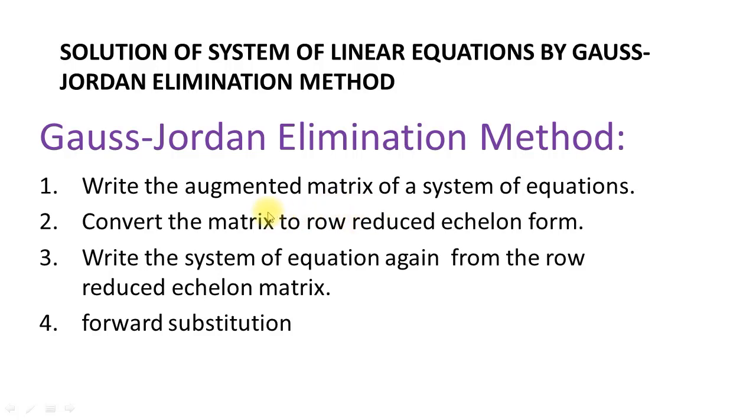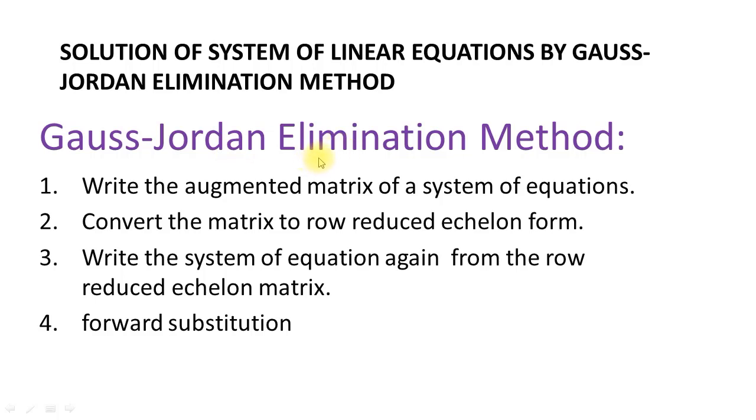So dear students, note that there is one difference between Gaussian elimination method and Gauss-Jordan elimination method. When we solve a system of linear equation by Gaussian elimination method and by Gauss-Jordan elimination method, there is one difference.